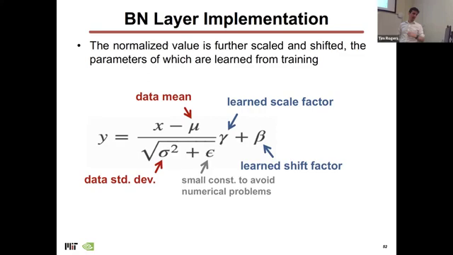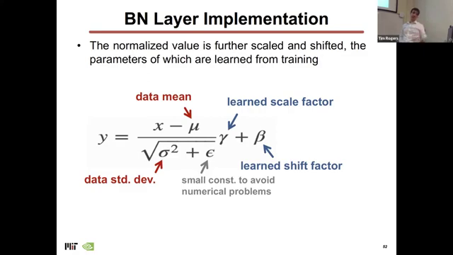There are these learning factors, gamma and beta, that the machine learning developer sets as the rate at which they want to shift and scale the input. This is what's known as hyperparameter tuning, when they change what gamma is and what beta is, and then retrain the network.